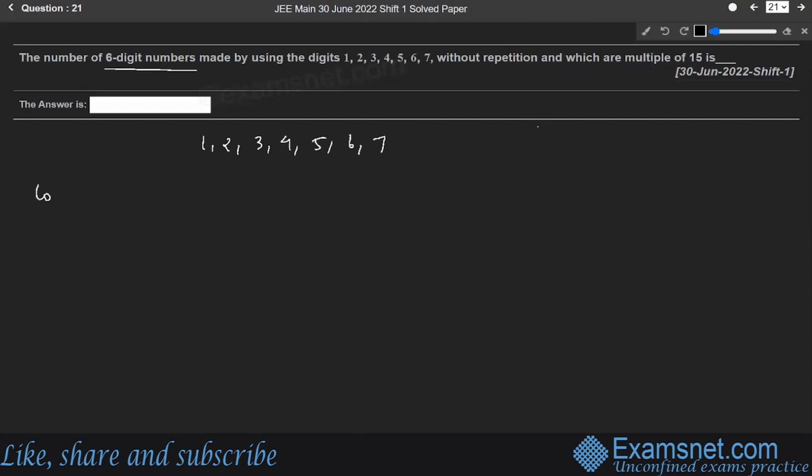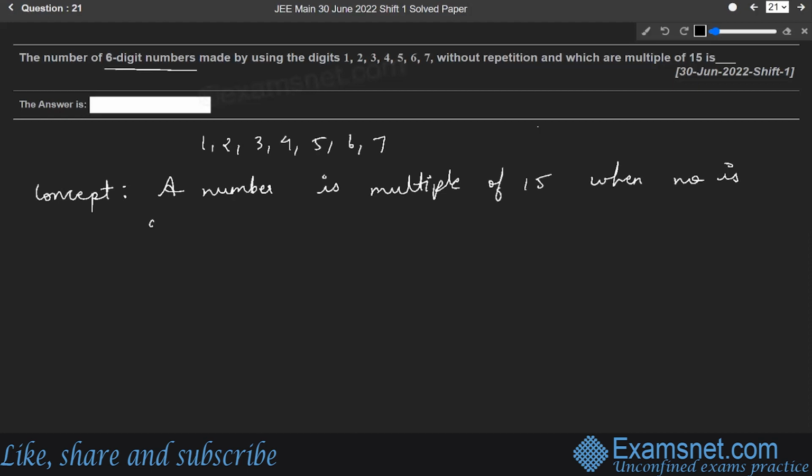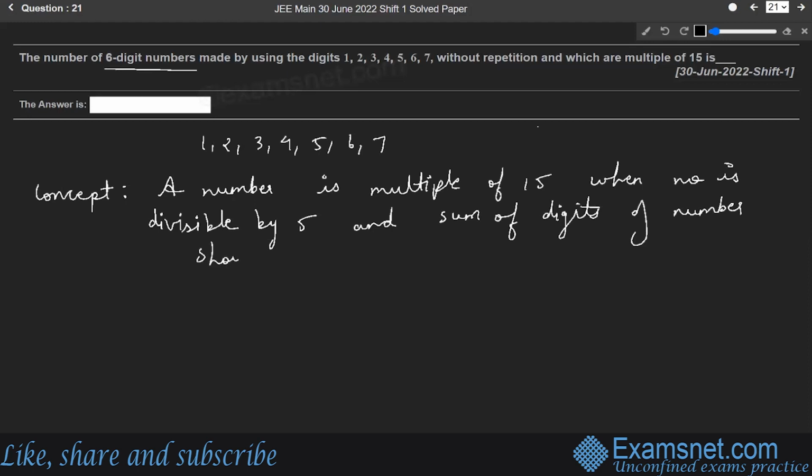So this is the basic concept that is used here: a number is a multiple of 15 when the number is divisible by 5 and the sum of digits of the number should be divisible by 3.